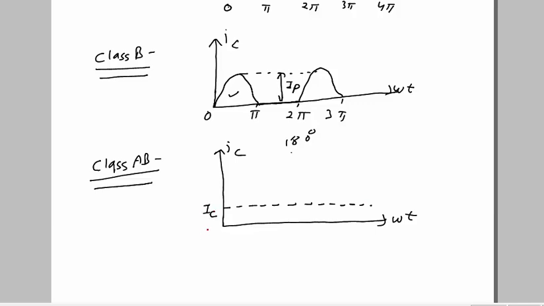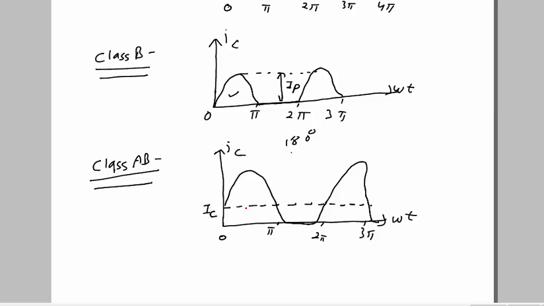For the positive input it will completely work, but for the negative input it will not work all the time, only a little time, and then it will repeat. So this is 0, pi, 2 pi, 3 pi. Here it is intermediate, an intermediate class between A and B.